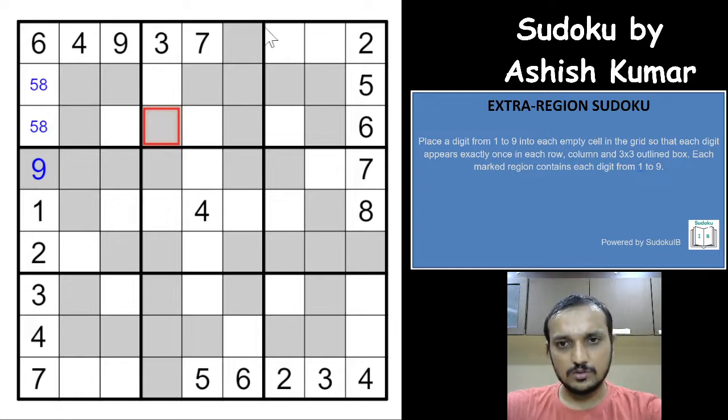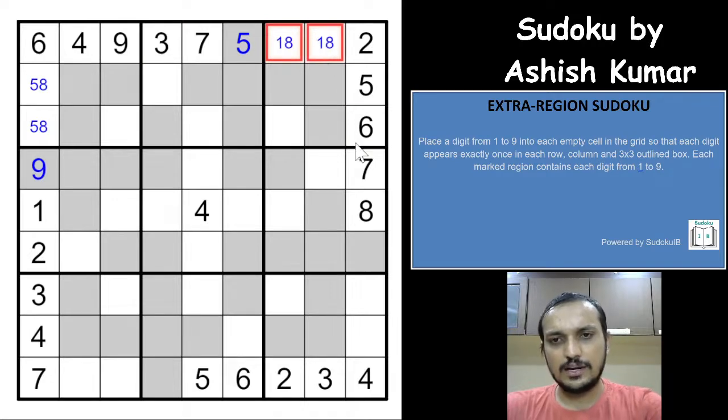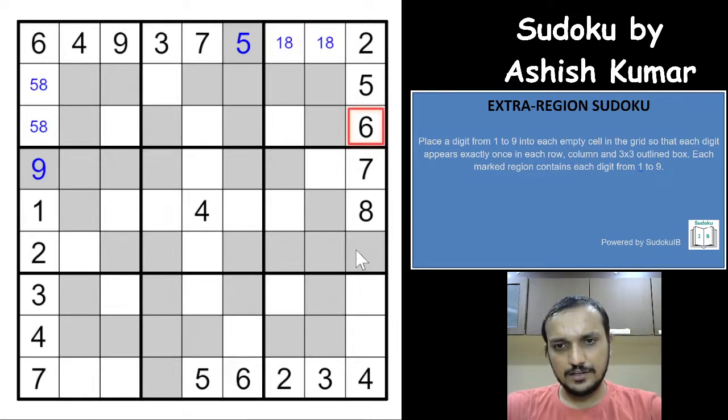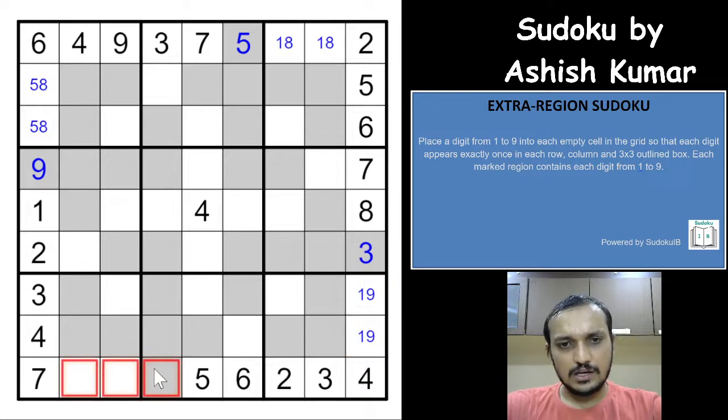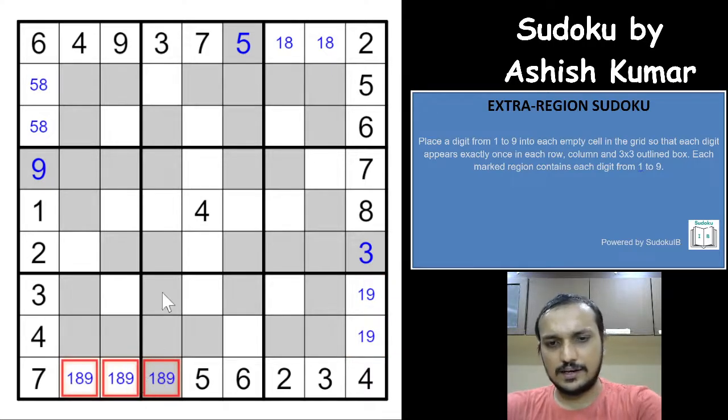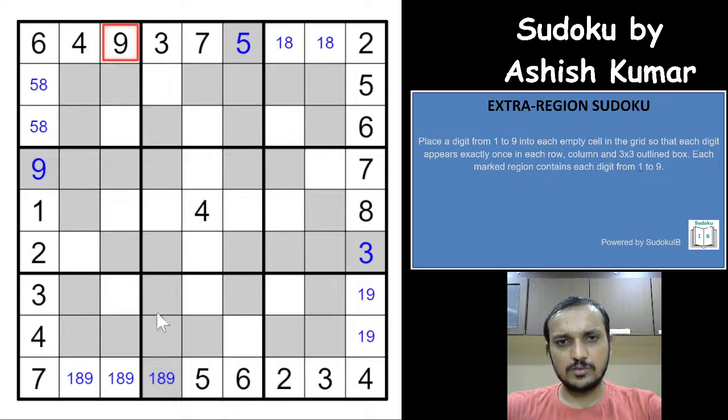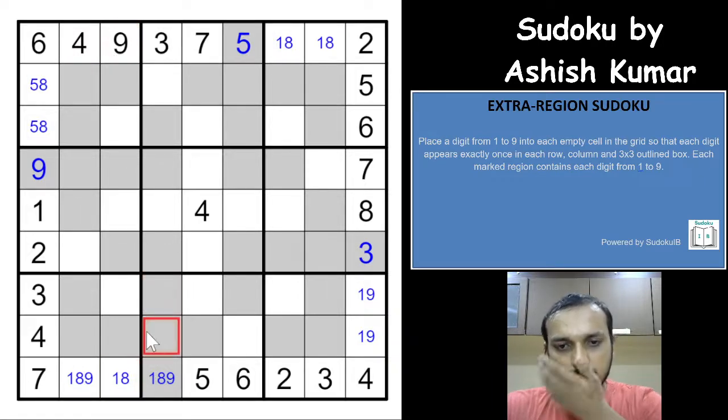This cell would have to be 5 because 5 in this row will have to be here, and these 2 digits are 1 and 8 in any order. This digit would have to be 3, and these 2 digits are 1 and 9 in any order, and you have 1, 8 and 9 in any order. Of course, because of the 9 here, you cannot have a 9 here. So we have done the basic part of this Sudoku here.